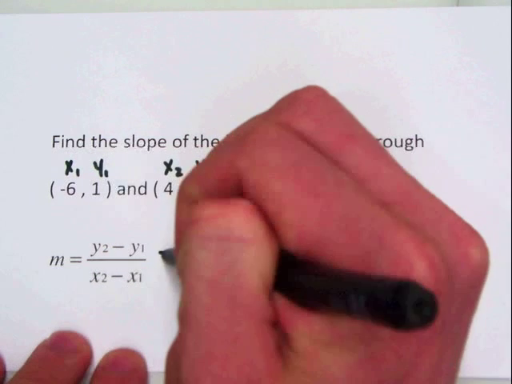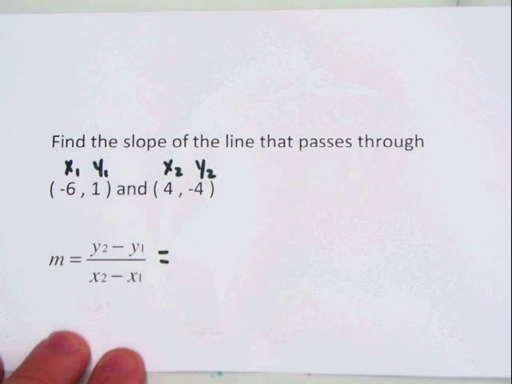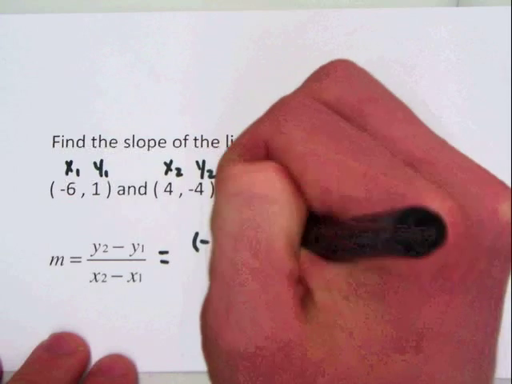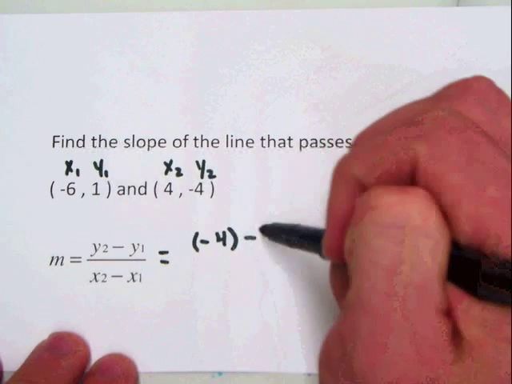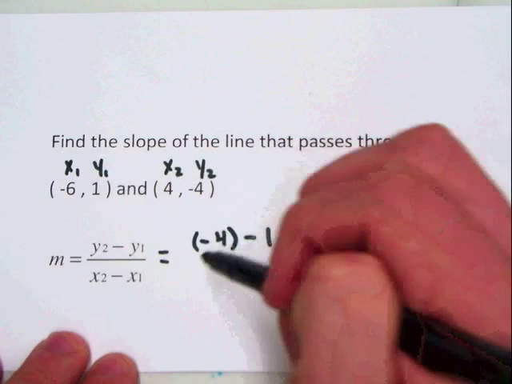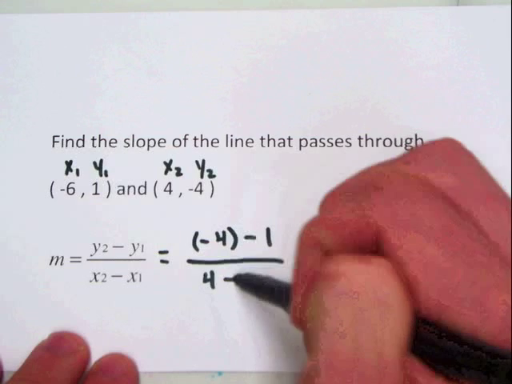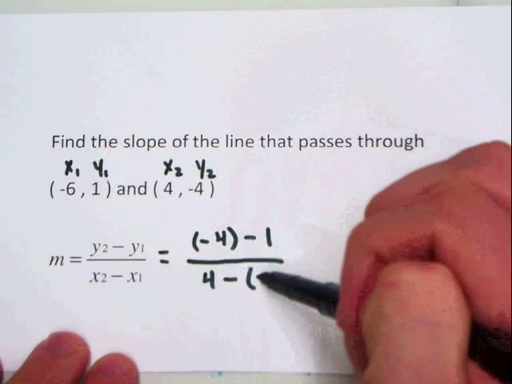So now I'm just going to go through, and since I have my points labeled, I can put those numbers in for those values in my formula. The y2 is negative 4, so I'll put negative 4 in, minus y1, which is 1, over x2, which is 4, minus x1, which is negative 6.